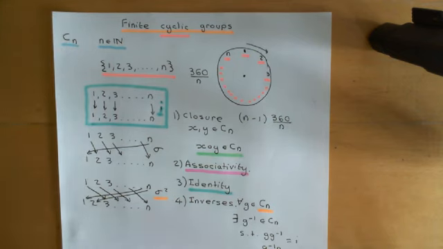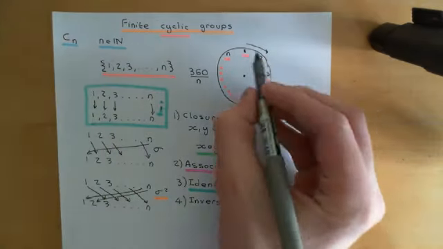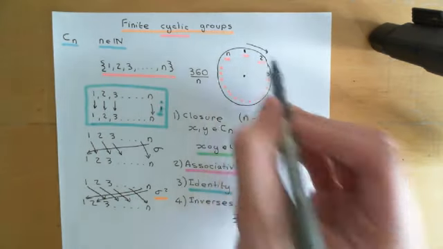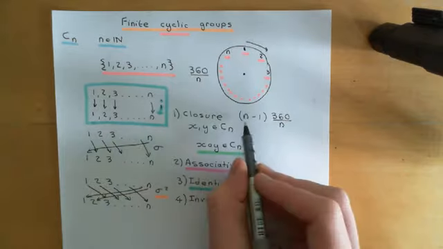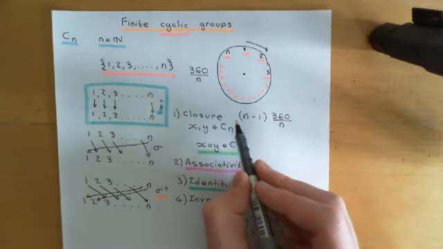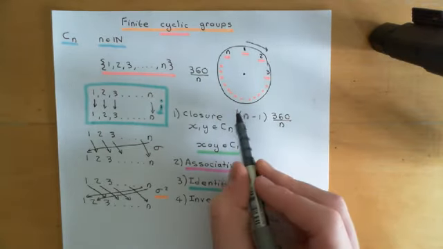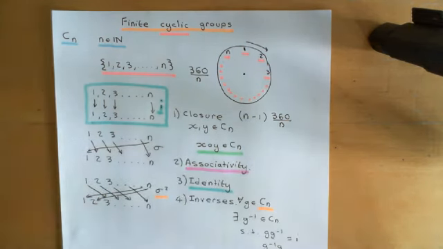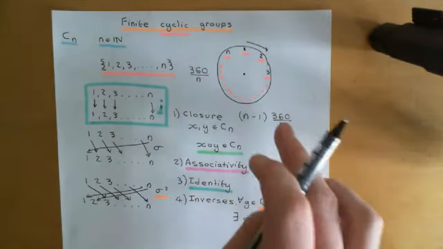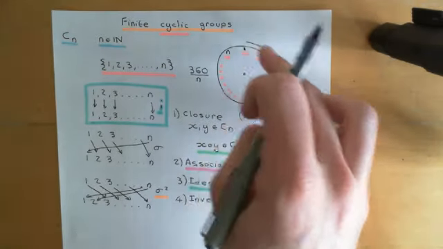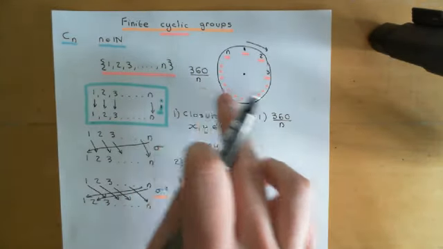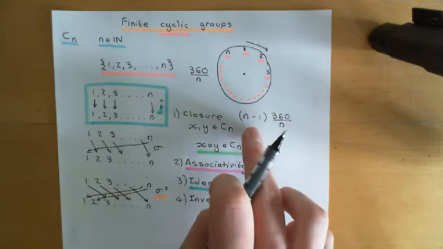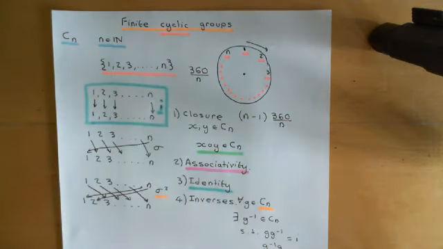Why is this going to be the inverse of sigma? Well, sigma says rotate by 360 divided by n degrees. If we compose it with the element that rotates by n minus 1 times 360 divided by n degrees, then together they rotate by 360 divided by n, and then by n minus 1 times 360 divided by n degrees.